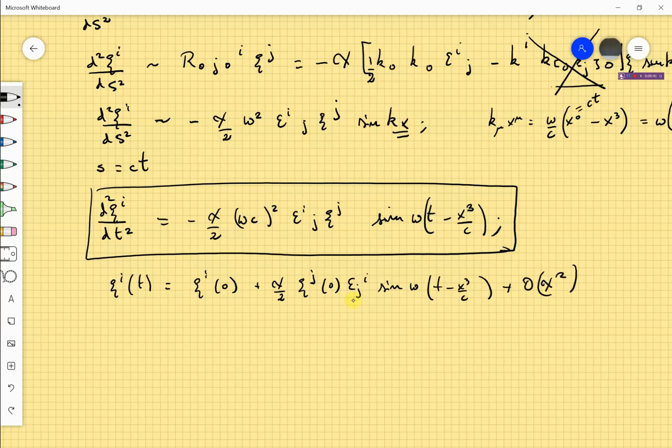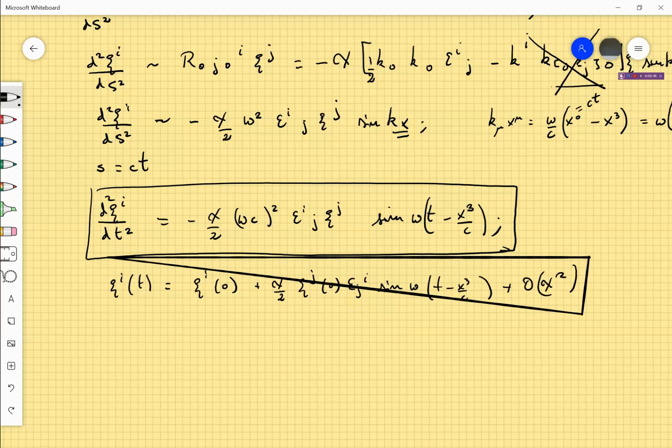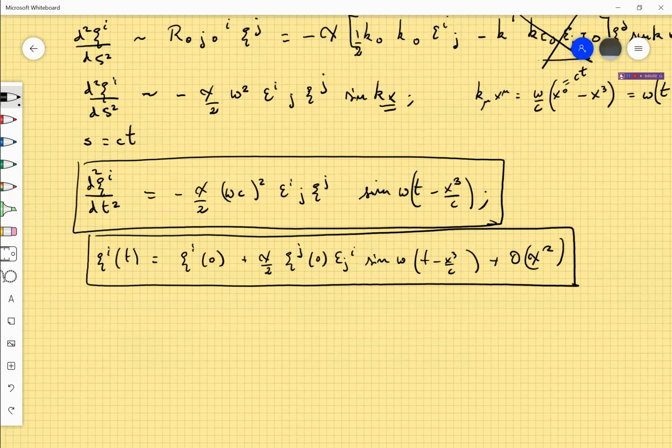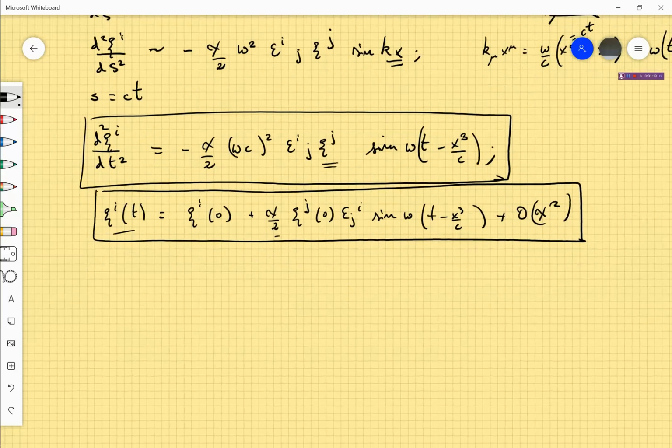And this can be checked by substituting this in the above equation and ignoring terms of second order in chi, like the ones that would come from replacing here this psi j of 0 by the full psi j. These are of higher orders. So this is why this solution works, because replacing the full psi i with this term generates a term of second order in chi that you ignore, and this is why only psi j of 0 remains.